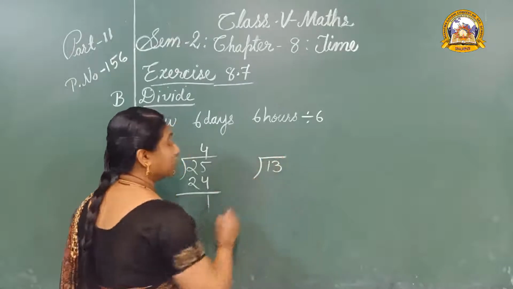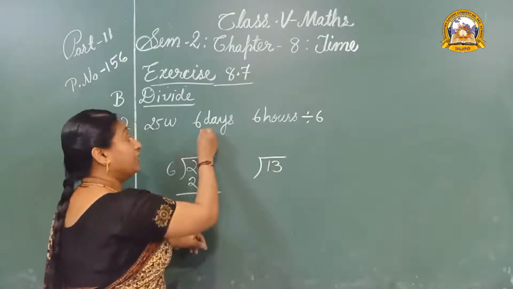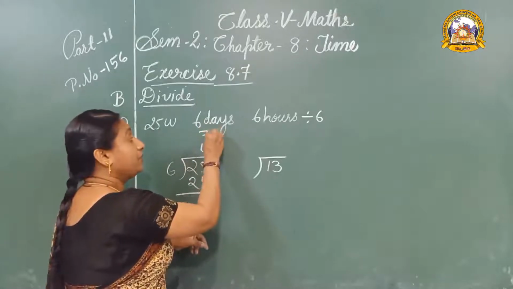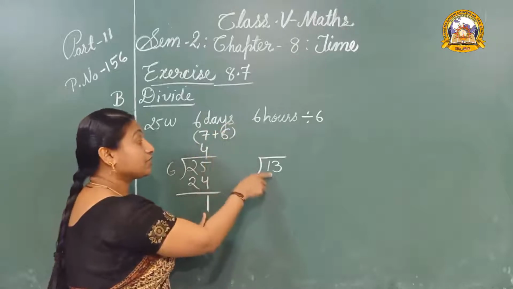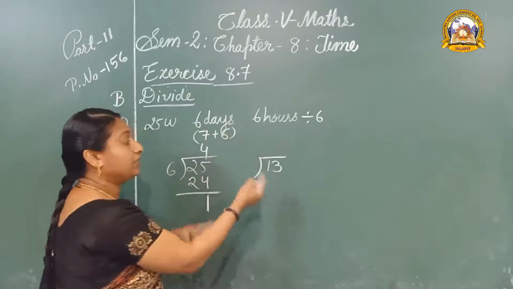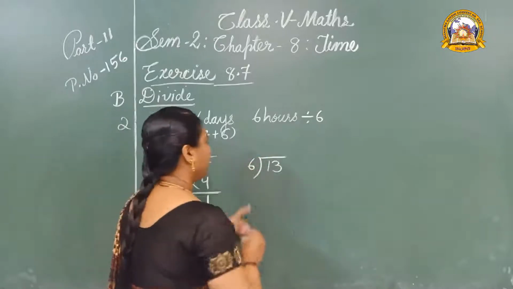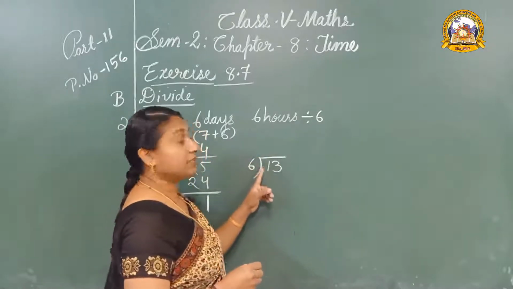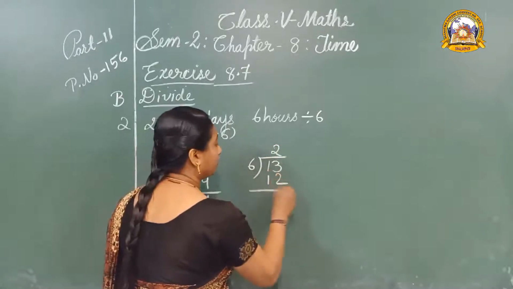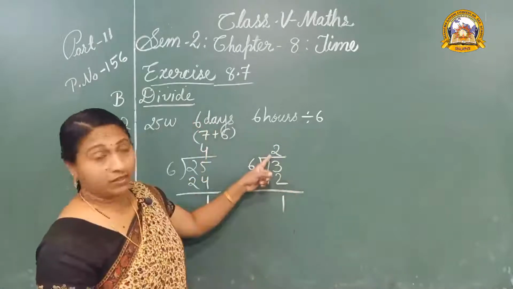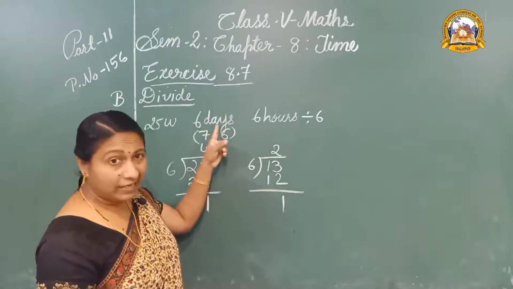13 days. How? This 1 week is equal to 7 days. That 7 plus already 6 days are there. Total 7 plus 6, 13. Now let us divide this 13 by 6. Okay. 13 by 6. How many 6s are there? 2 6s are 12. Then here 2 will be remained as days.